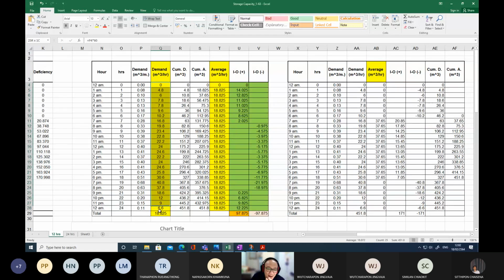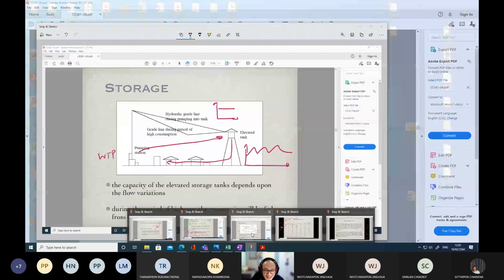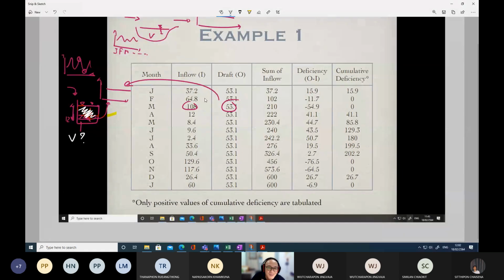So this one is the demand. This is the opposite. Okay, the demand varies. Sorry, this one is the water entering the plant. It will be similar to this one, but here we are talking about the flow over 12 months, while in the example I'm going to show you, it is the flow over 24 hours.